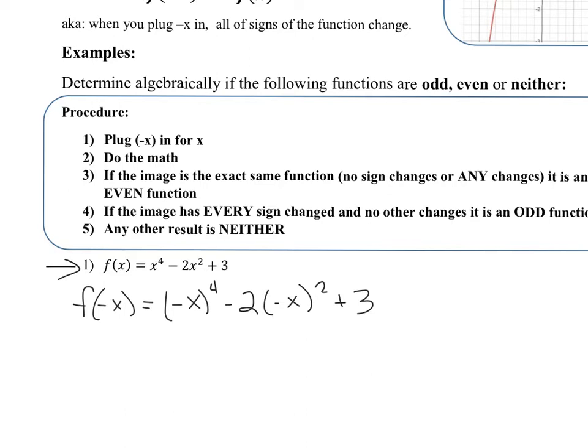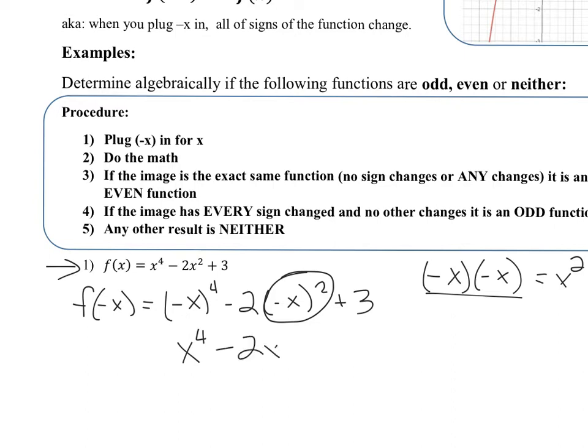That's an even number, so that's just the same. That's x to the fourth. If I plug in negative x squared, that's easier to see with this one, it's just negative x times negative x, so that would just be positive x squared. So this is just positive x squared plus 3.